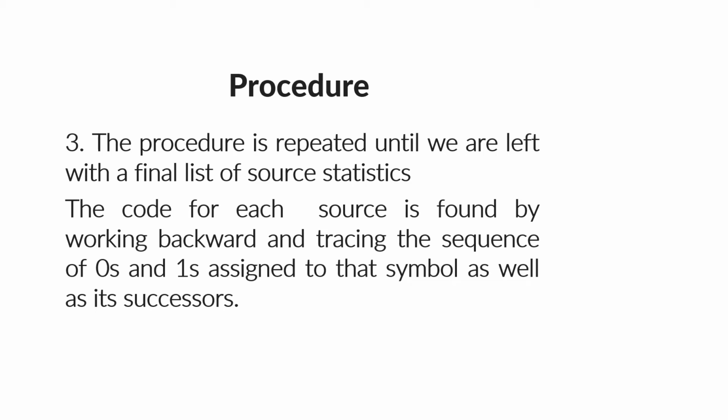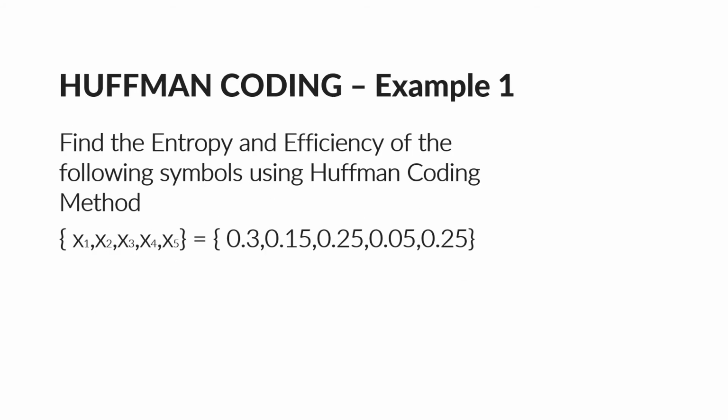Let us understand this procedure with an example. Let us find the entropy and efficiency of the following symbols using Huffman coding, where the probabilities of symbols x1, x2, x3, x4, x5 are given as 0.3, 0.15, 0.25, 0.05 and 0.25.